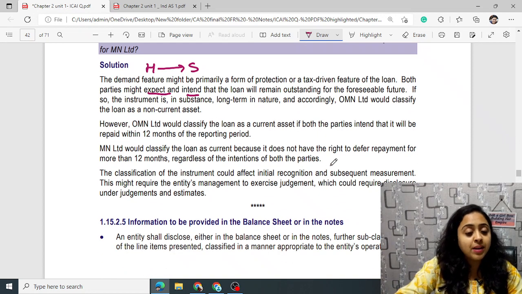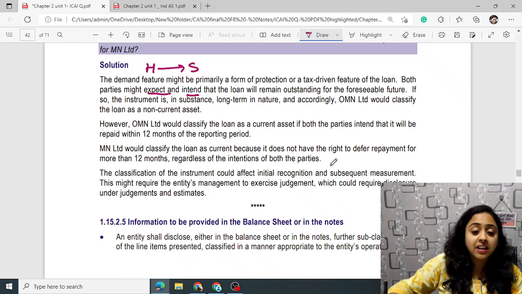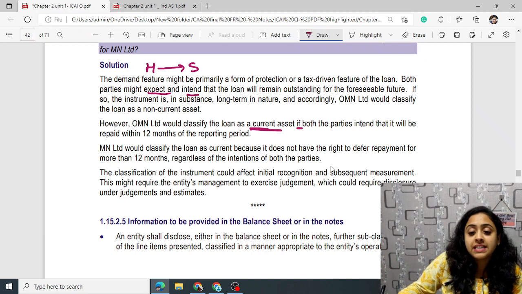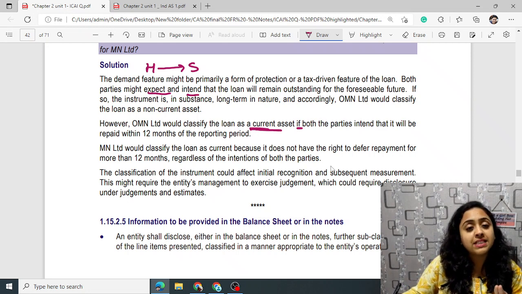However, OMN Limited would classify the loan as current if both the parties intend that it will be repaid within 12 months. If both the parties agree and expect that it will be repaid within 12 months, then current. If not repaid within 12 months, then non-current. Then it should be considered as such, regardless of the intentions of both the parties.